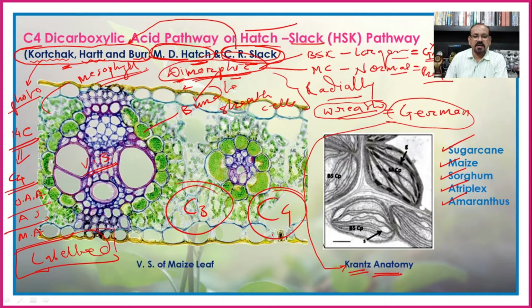It means that here the first stable component of this cycle or this pathway is 4 carbon compound and hence it is known as the C4 pathway. So out of this, here the malic acid, oxaloacetic acid or the aspartic acid, these are the different components which are 4 carbon atom. And the first component which is formed in the C4 dicarboxylic acid pathway or the Hatch and Slack pathway is the oxaloacetic acid.